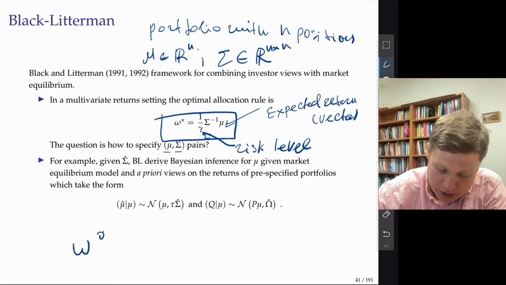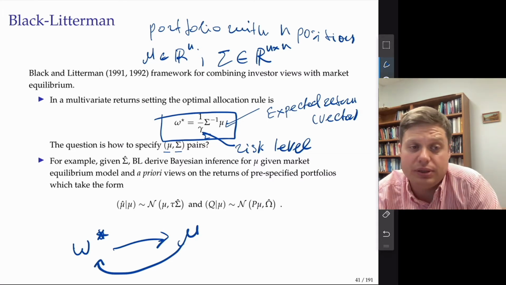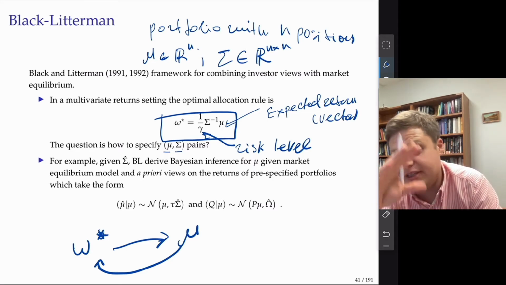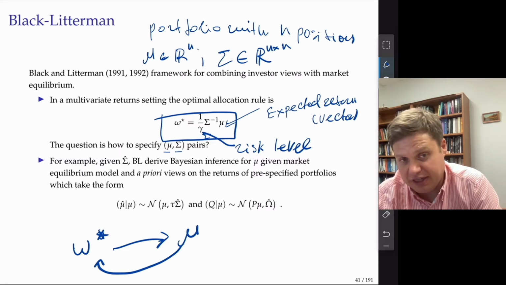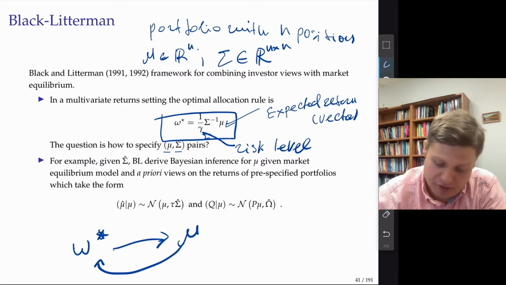So omega star will affect mu, and mu will affect omega star. And if you imagine this as a pendulum type of system, you allocate, you invest, mu changes, and then you update your omega star, then it affects mu, it changes, then you update omega star again. At some point, those things will reach equilibrium.